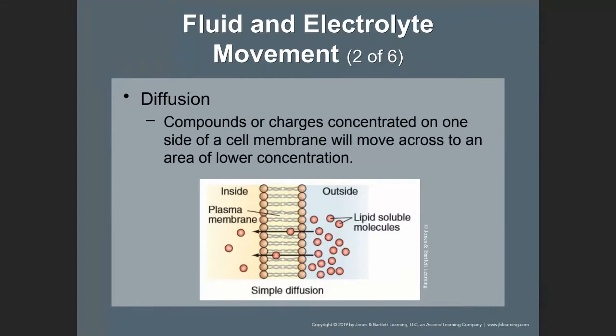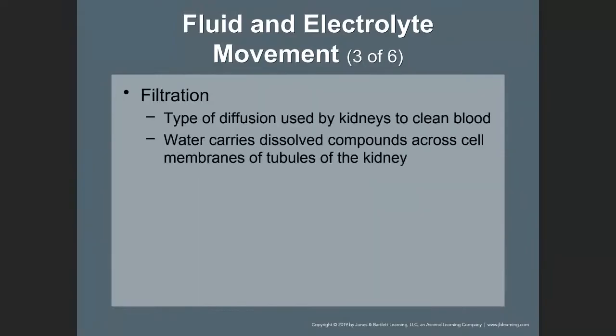So diffusion, compounds or charges concentrated on one side of the cell membrane will move across to an area of lower concentration. That's diffusion. Filtration is a type of diffusion used by the kidneys to clean blood. Water carries dissolved compounds across cell membranes of tubules of the kidneys.